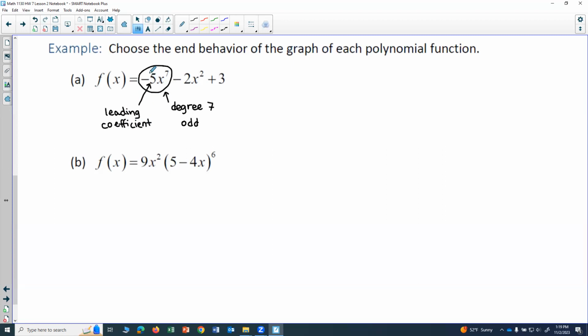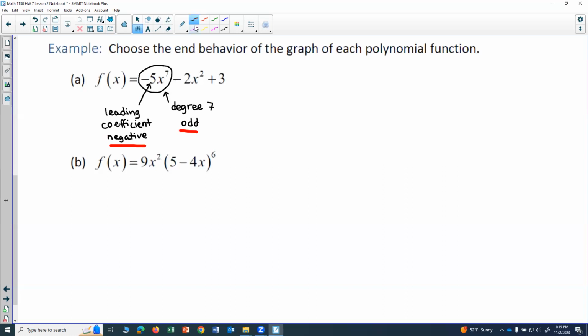I don't even care that it's a 5, I just care about the sign on there. So the leading coefficient is a negative 5. And so really, what I'm doing is I'm matching up odd degree, negative leading coefficient.